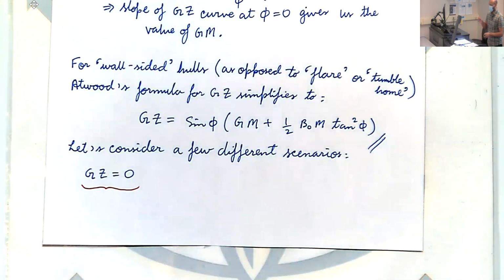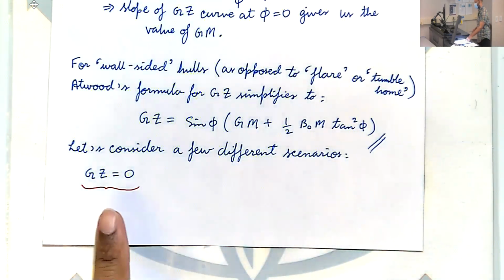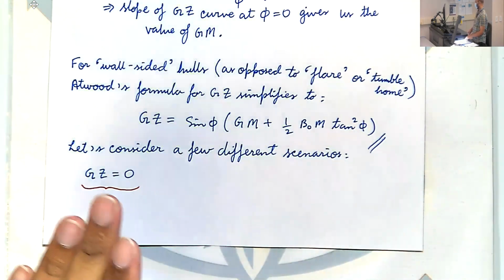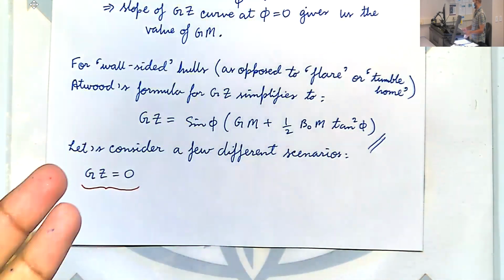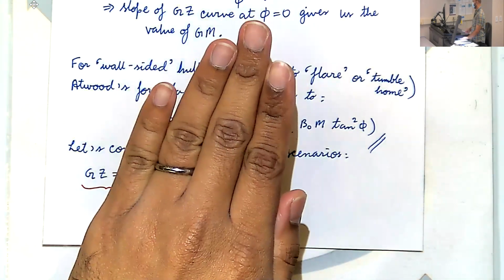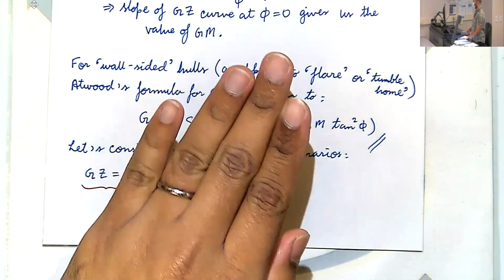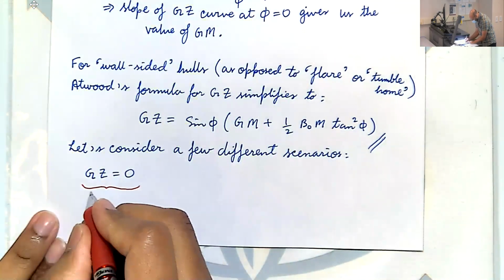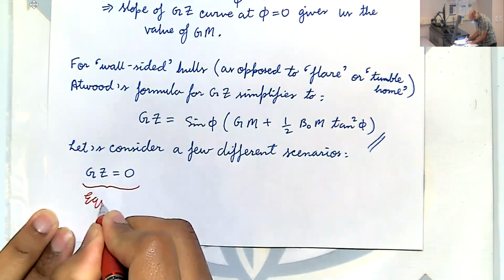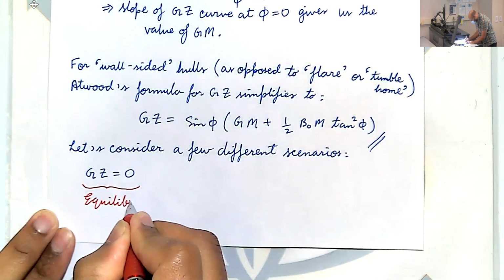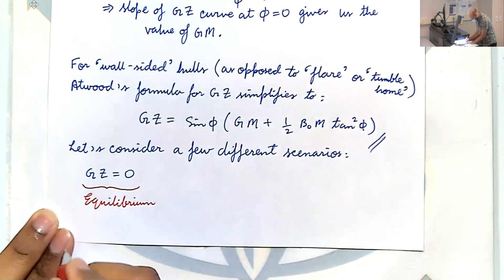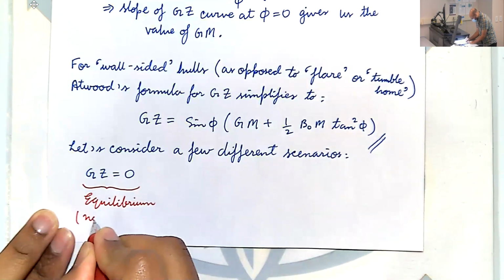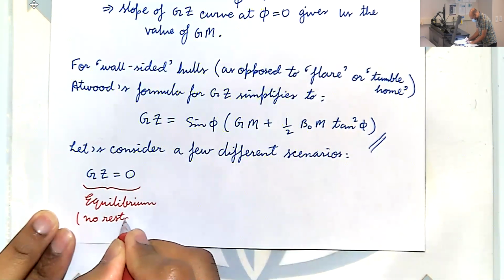We will see that's not the only possibility, but that's the most probable case: you're even keeled. There's no need to have any restoring torque. So the restoring arm is 0. This says equilibrium, no restoring torque.